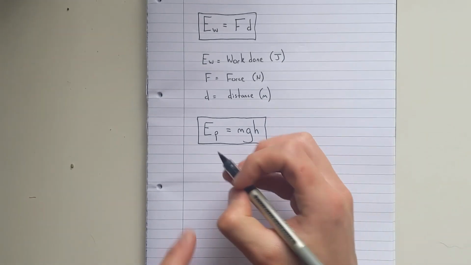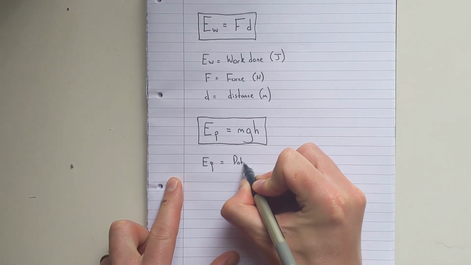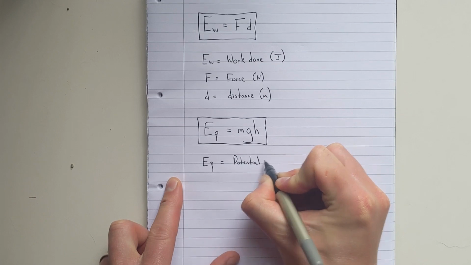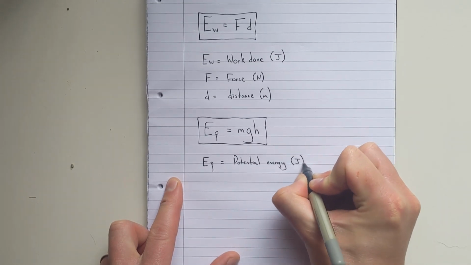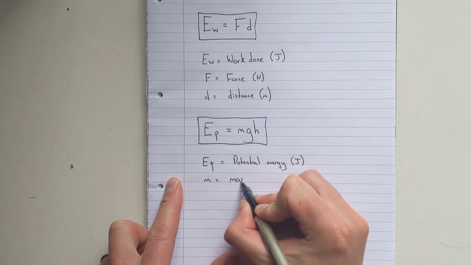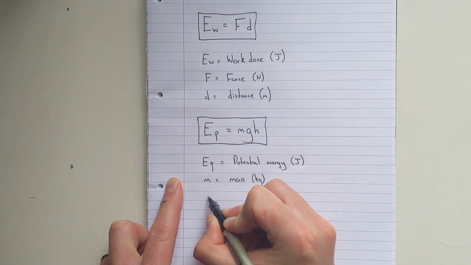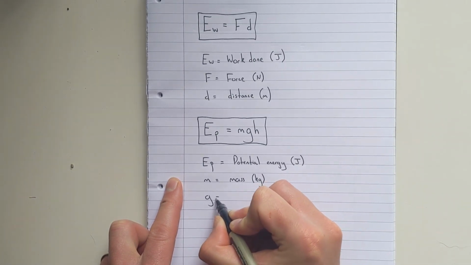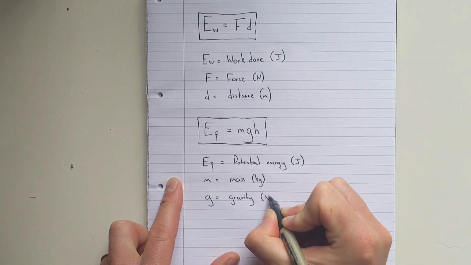Okay, so let's write this in. Potential energy is measured in joules again, and m is mass, and that's kilograms. You'll be aware of that from previous bits of physics. G is gravity, and that's newtons per kilogram.